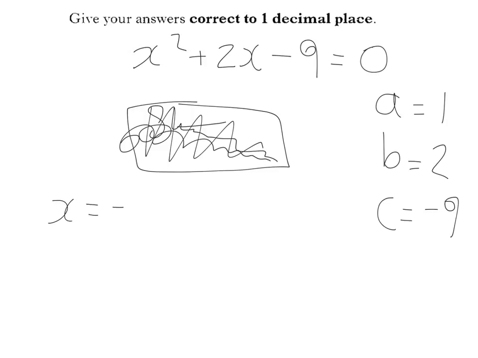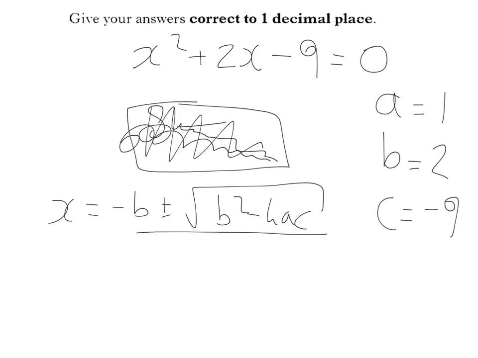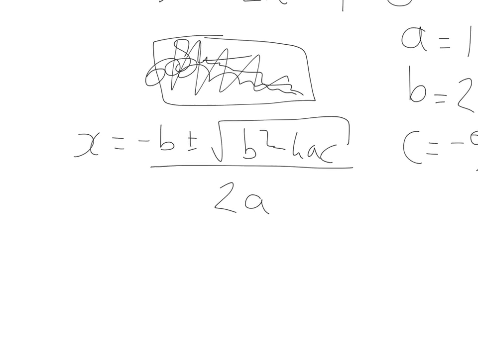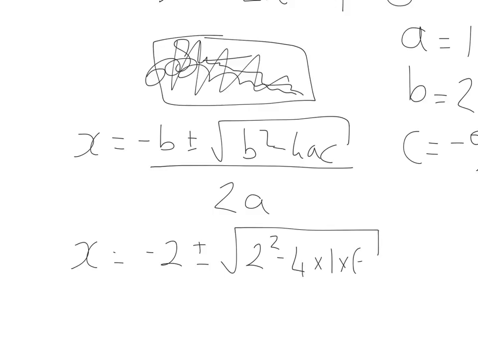So x equals minus b plus or minus the square root of b squared minus 4ac all over 2a. So if b is 2, minus b will be minus 2, so minus 2 plus or minus the square root of b squared will be 2 squared minus 4 times a, which is 1, times c, which is minus 9, all divided by 2a, which is 2 times 1, and that's 2.